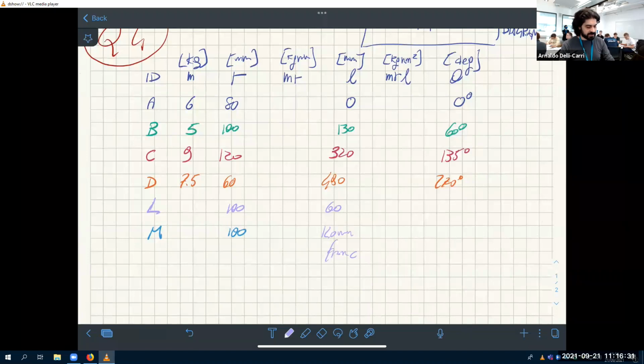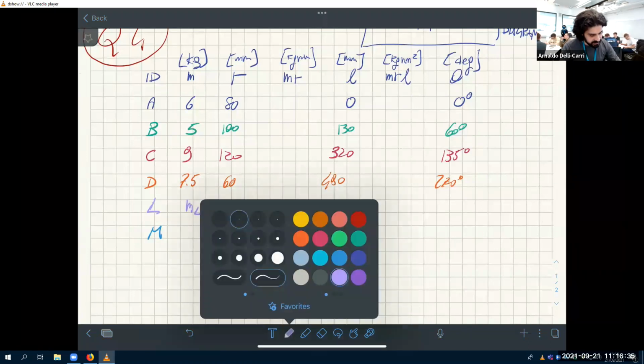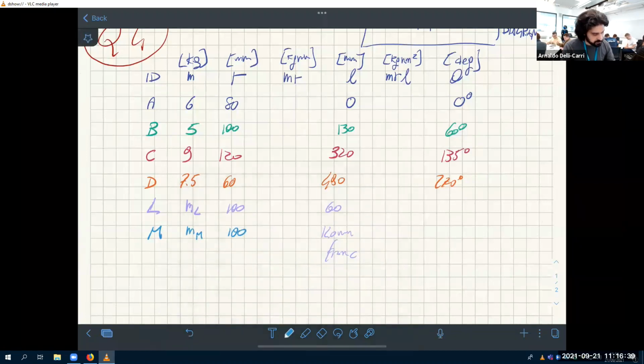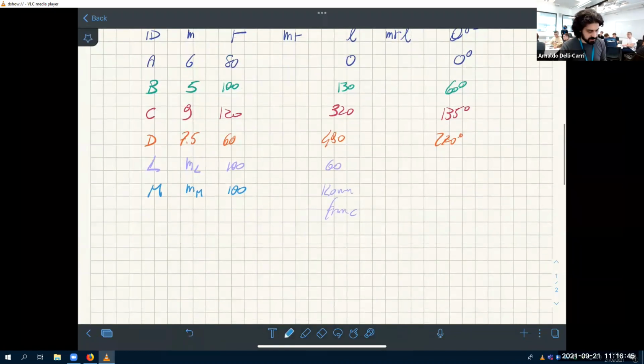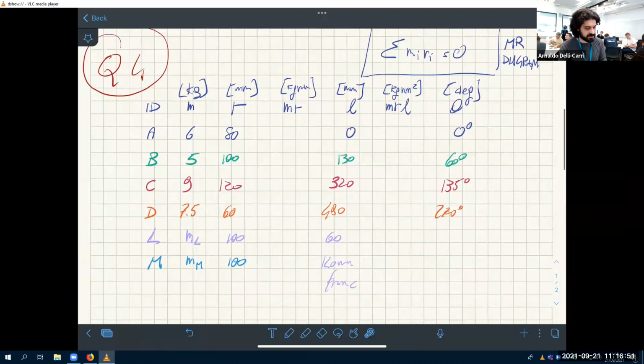So what we know is that the mass of L is unknown and the mass of M is unknown. I know that this is 60 millimeters from A. Remember, this distance here is given with A as 0.